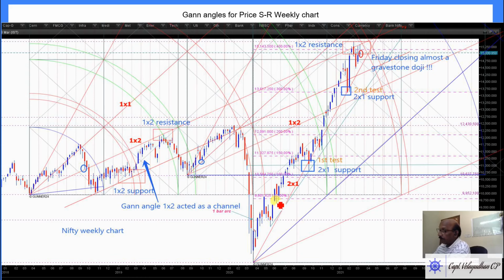However, we have to see that price attempted to breach here, this Gann angle. This was the first test of Gann angle. Here also it tried to breach, immediately moved up, second test.